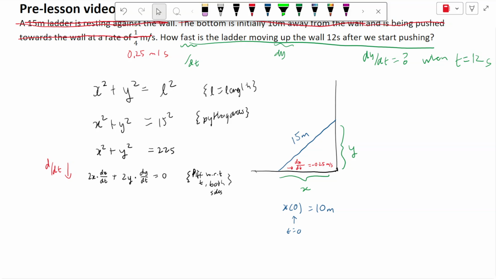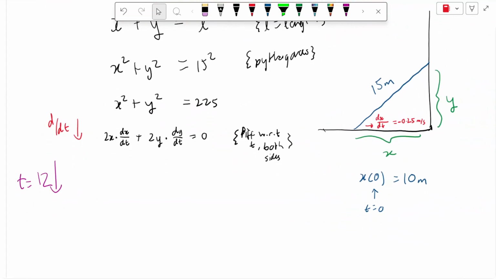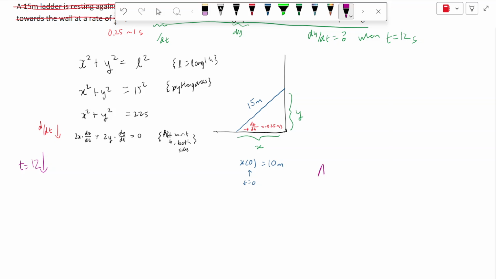So we're trying to sub in t equals 12 seconds after we start pushing. So we don't know what x and y are, but we can figure them out. So maybe at t equals 0, we've got x being 10, and y would be the root of 15 squared take 10 squared. So that's just from Pythagoras, whatever that is.